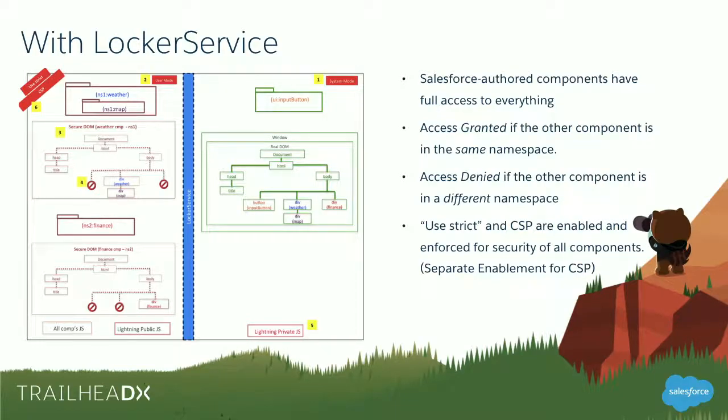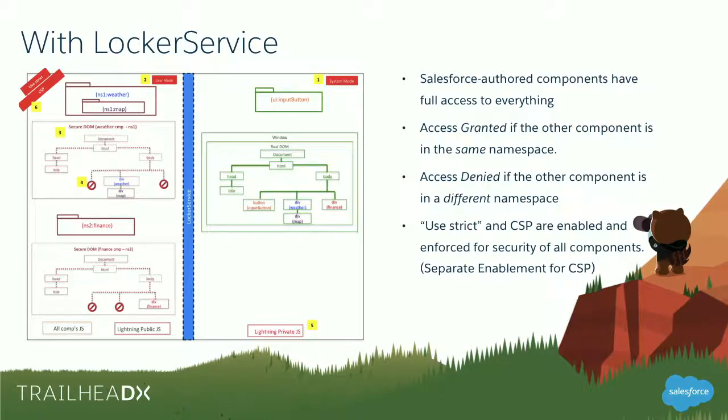That is the one exception: any Salesforce component will have full access. Access will be granted if the component is in the same namespace. So if you're developing a lot of components within your org, you would have access to talk to those other components. Access is denied if the component is in a different namespace. So again, I can no longer talk from the NS1 weather app down to the NS2 finance apps that we saw in the first picture.